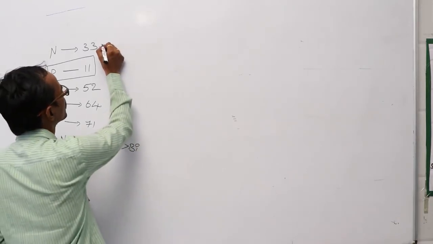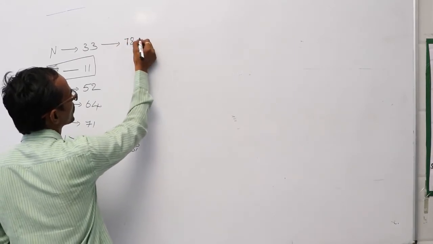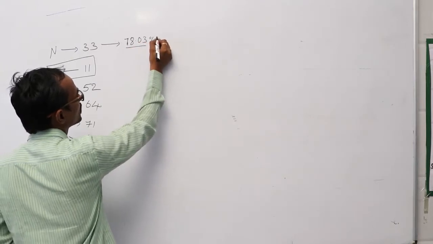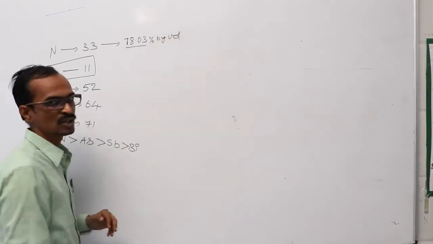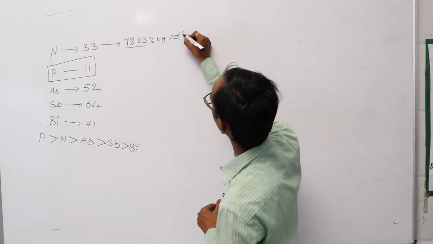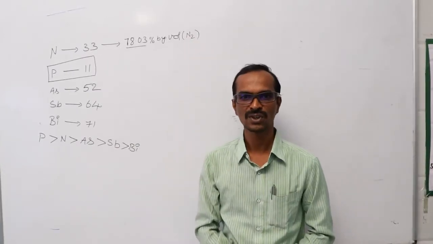What is the relative abundance by volume in the Earth's atmosphere, not in the Earth's crust? 78.03% by volume. Nitrogen is available in the form of N2 gas in the Earth's atmosphere.